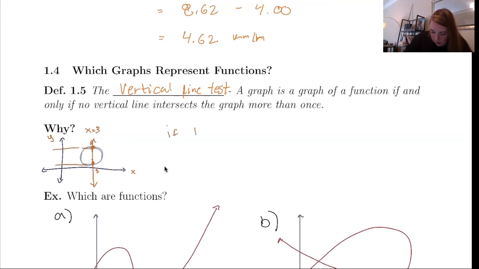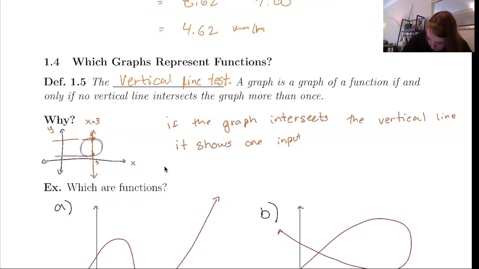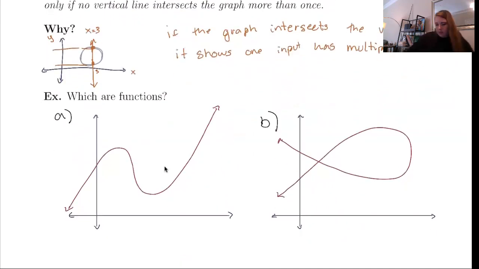So if the graph intersects the vertical line, or any vertical line, it shows one input has multiple outputs.